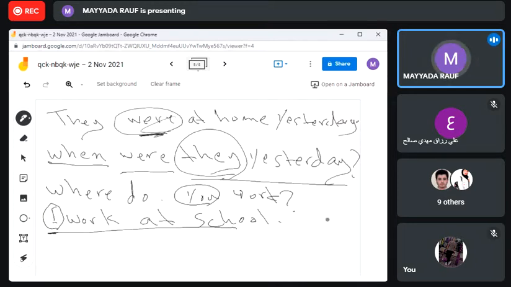So in case of negation, a negative sentence, for example, do you buy a car? The answer would be yes, I do.